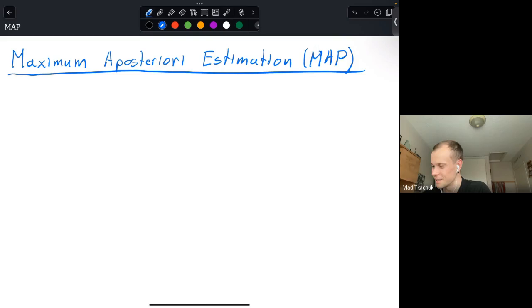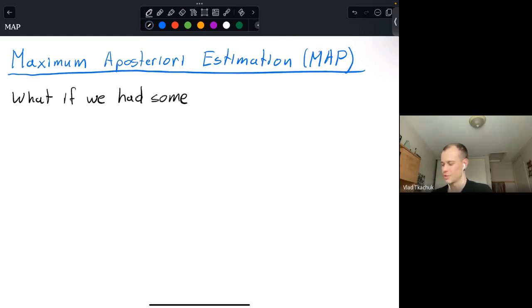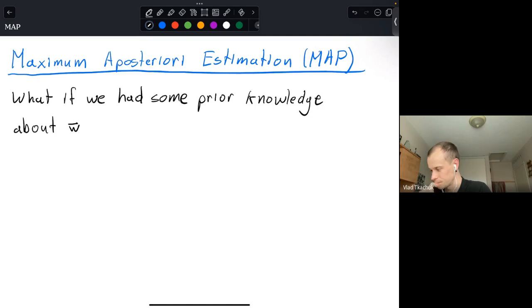And the idea is, okay, so what if we had some, and this is the actual mathematically correct word to use here, some prior knowledge about W, or about the parameter.